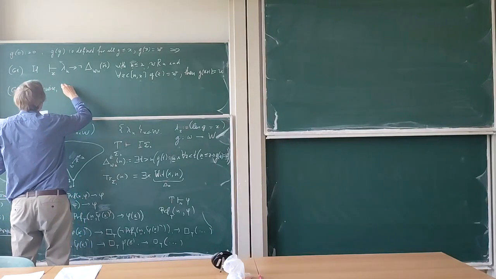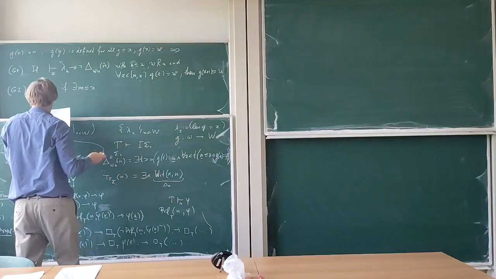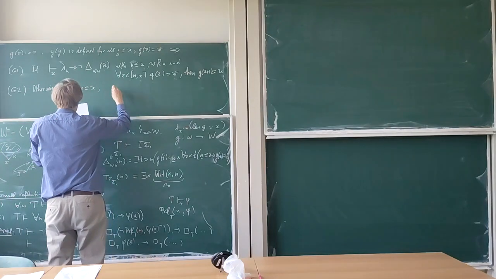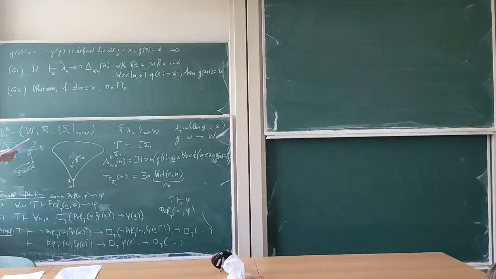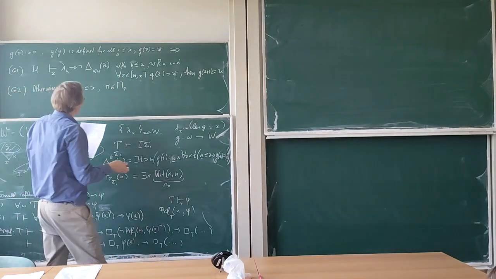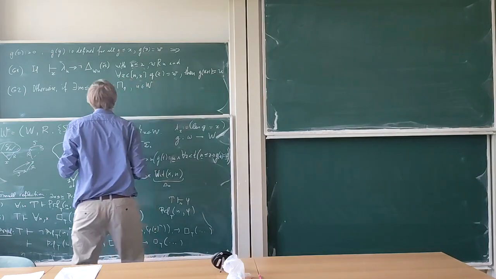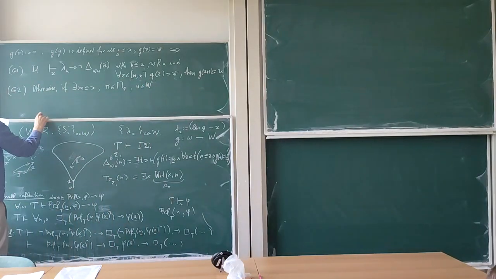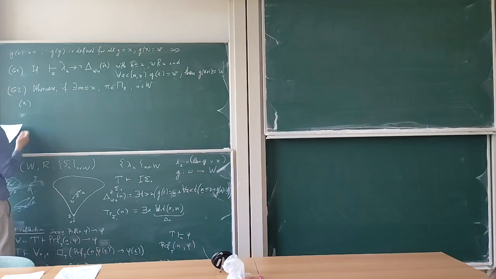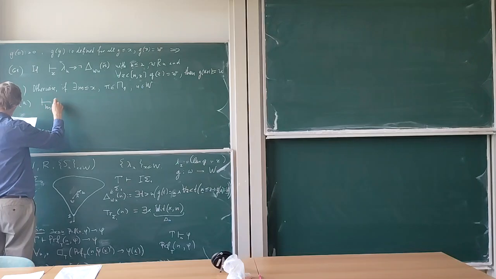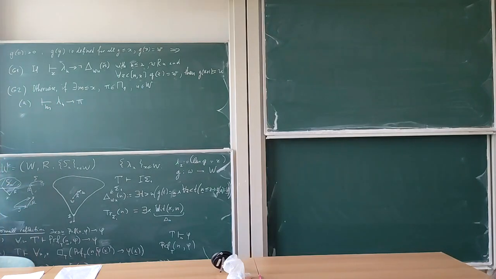Otherwise, if there exists an n less than x, and there exists a pi, a sigma-one sentence pi, and u, satisfying certain conditions: again, M is a proof that lambda u implies pi.